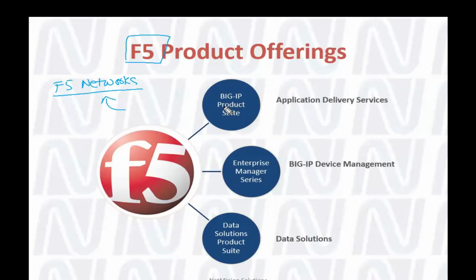This company has a large suite of products. One of the product ranges is BIG-IP. This BIG-IP again has a lot of things, and there are a lot of other things like enterprise data solution products, or maybe NGINX, but we will be focusing on the BIG-IP product suite.